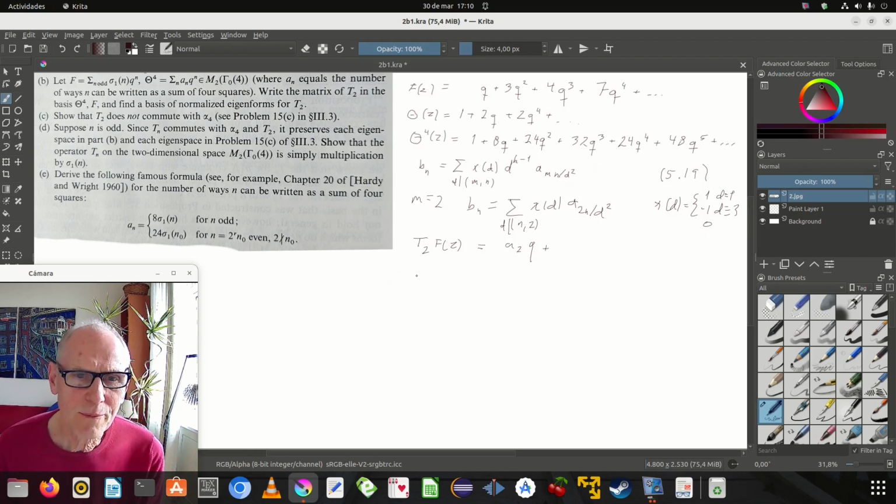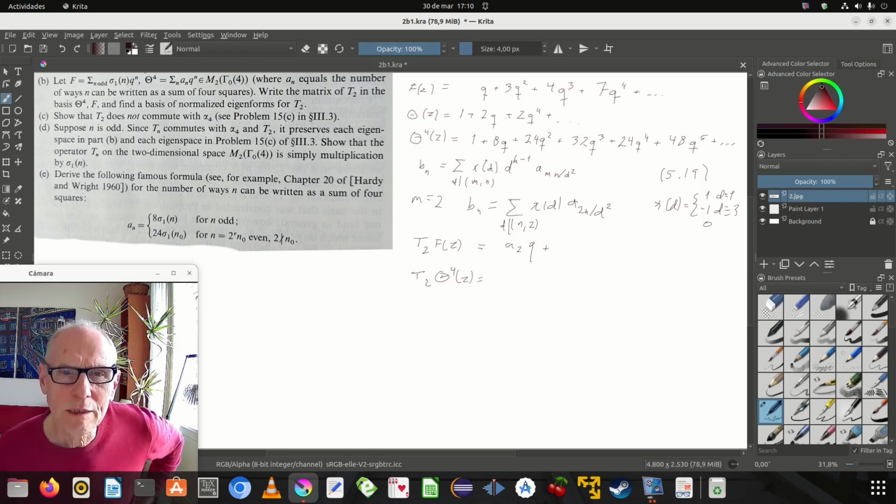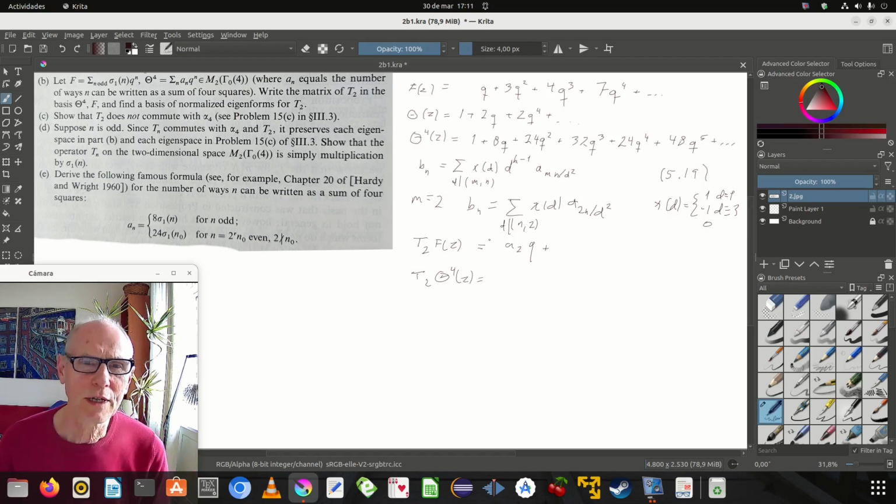Let's just try g2 of theta to the 4th. I'm a little unsure about the constant. When m is 2, then we have only 2 lattices we can use, so that gives 1 as well, I think, plus.